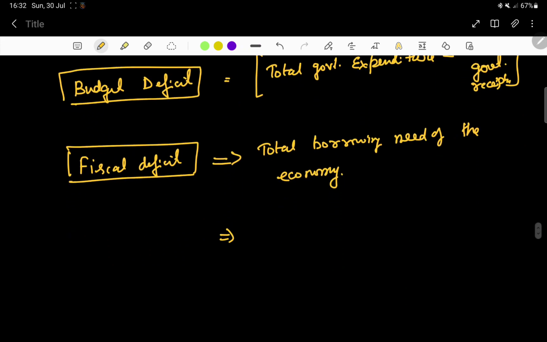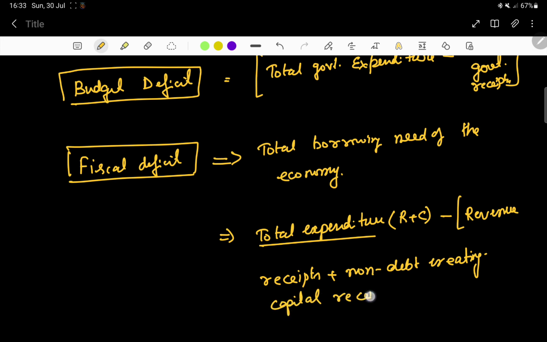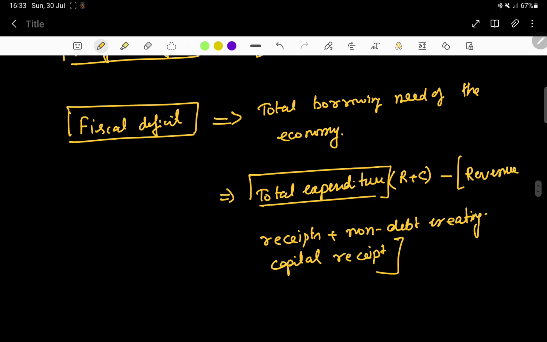The formula of fiscal deficit is total expenditure, that is both revenue plus capital, minus revenue receipt plus non-debt creating capital receipt.